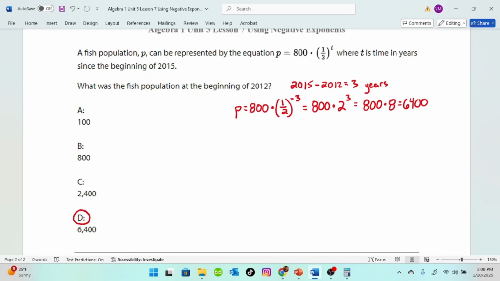So the reciprocal of 1/2 is 2. Now we're doubling that population 3 times. So the 800 goes to 1600 in 2014. That 1600 goes to 3200 in 2013. And then we see it double again to 6,400 in 2012.